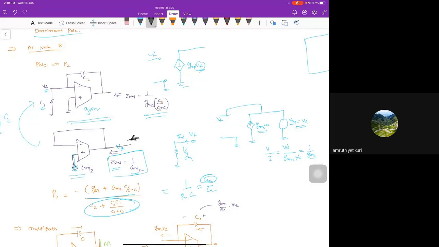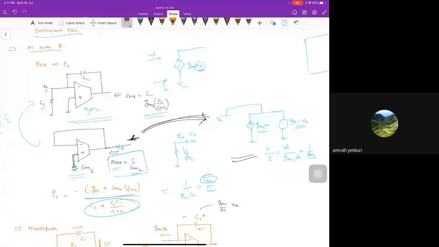No, we are not assuming that. Consider the small signal equivalent model of this. You will get the small signal equivalent model of this, right? Yes, sir. So we assume there's one more port through which current is coming out.